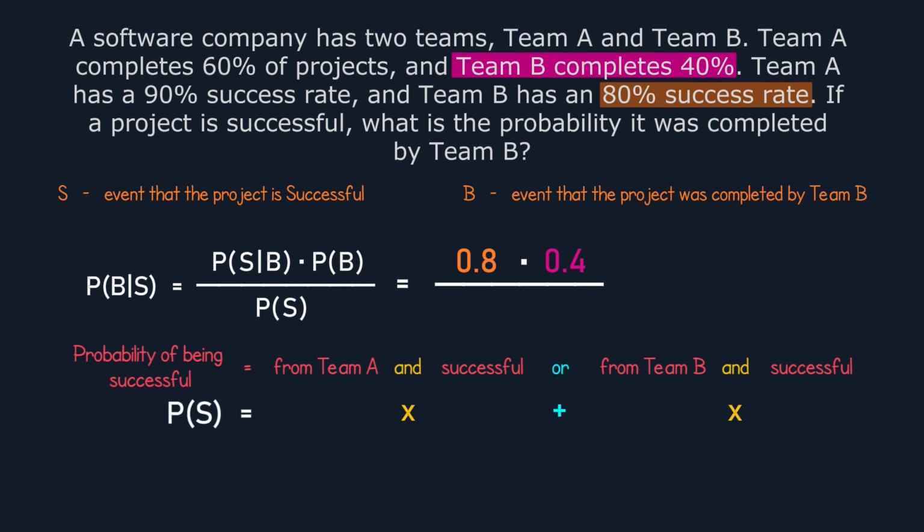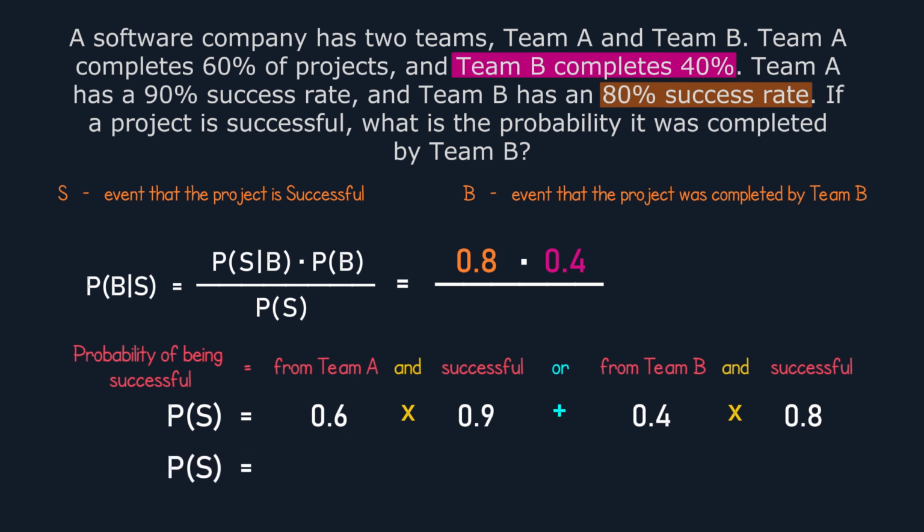So the total probability of success becomes probability of A, which is 0.6, because Team A completes 60% of projects, multiplied by the probability of S given A, which is equal to 0.9, since Team A has a 90% success rate, plus the probability of B, which is 0.4, multiplied by the probability of S given B, which is 0.8 as mentioned earlier.